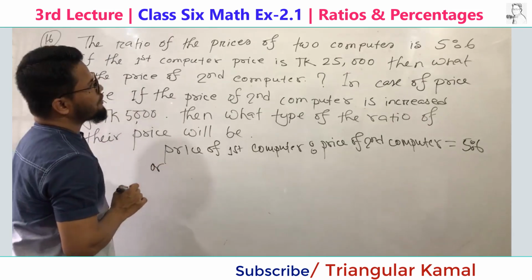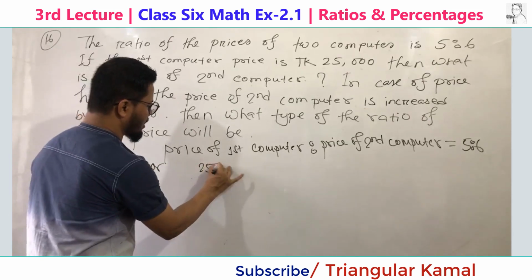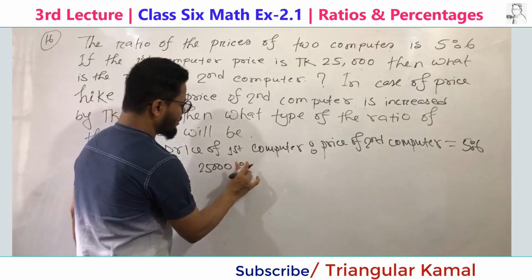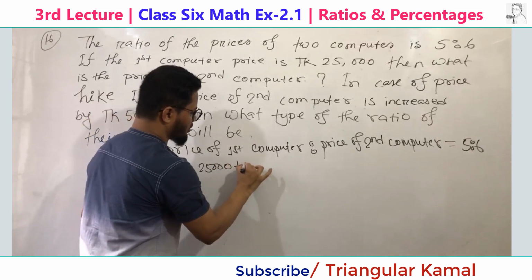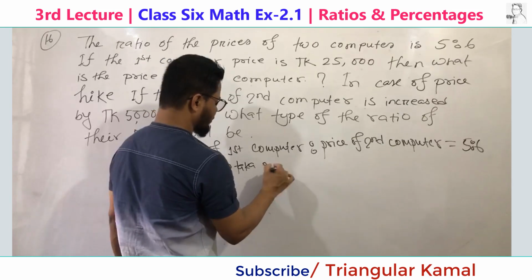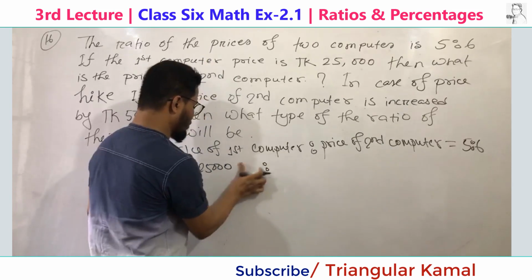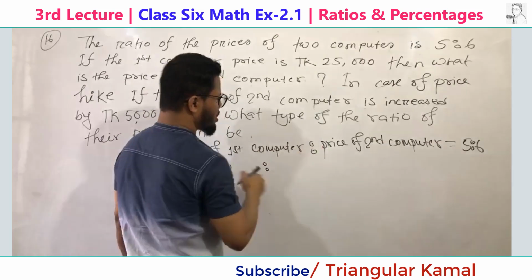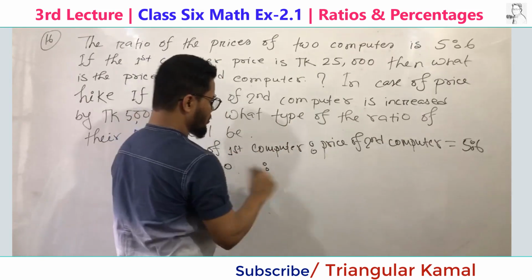Here the price of the first computer is given as 25,000 taka, then the second computer price, or you can write only 25,000. The ratio with the same quantity, so the unit will be absent here.